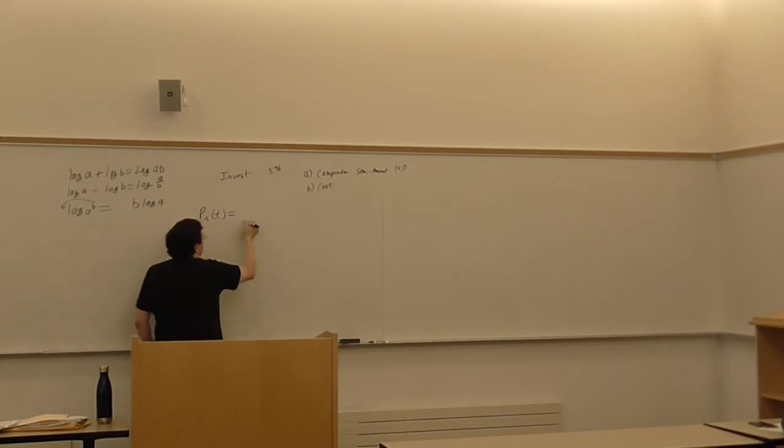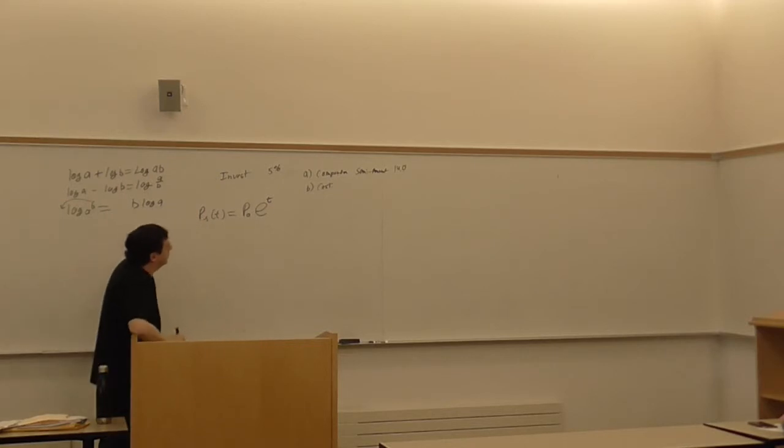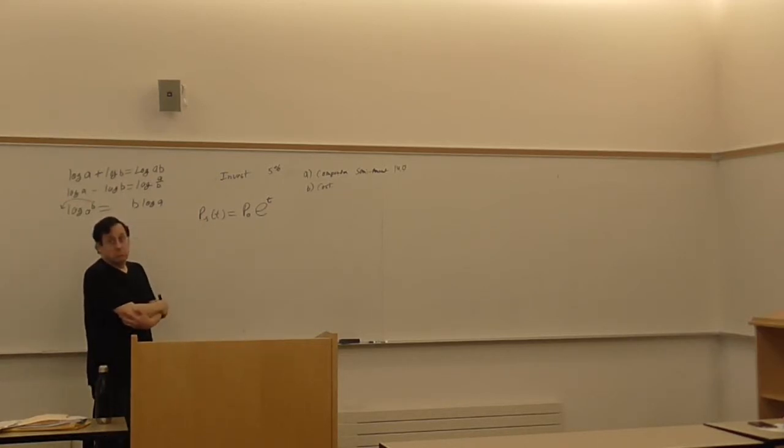Our future value is going to be our current value times e to the t.